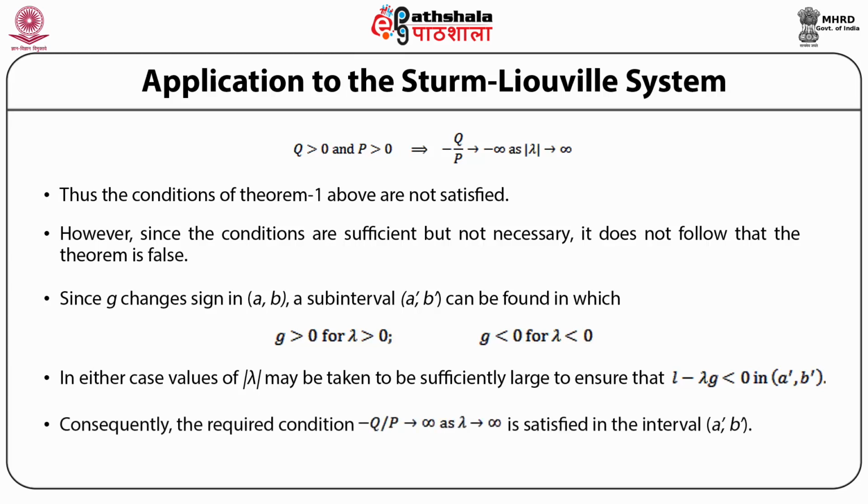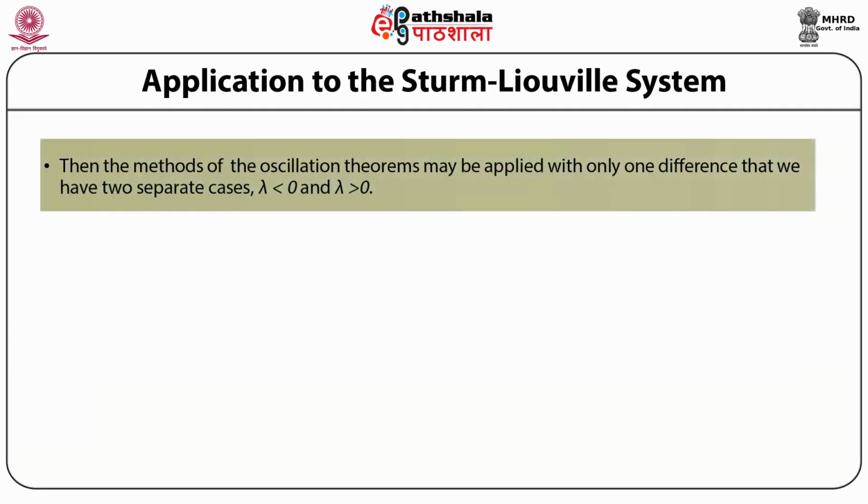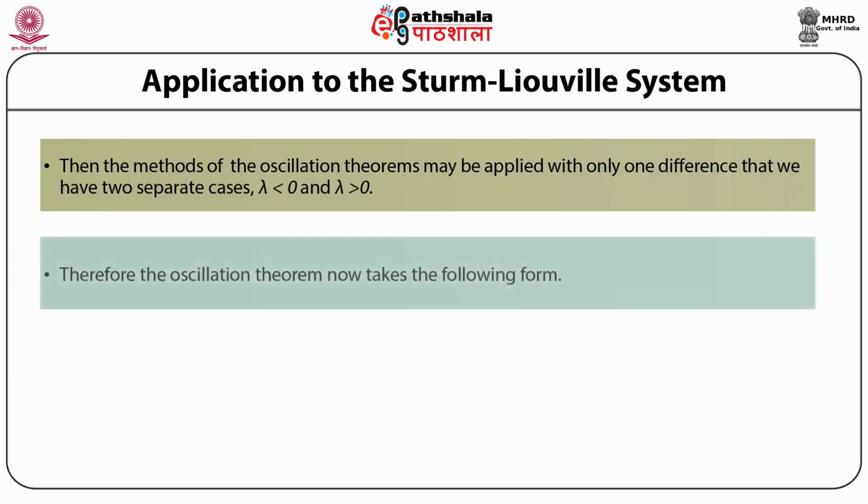Consequently, the required condition minus of capital Q by capital P tends to infinity as lambda tends to infinity is satisfied in the interval a prime b prime. Then the methods of the oscillation theorems may be applied with only one difference, that we have two separate cases, lambda less than 0 and lambda greater than 0. Therefore, the oscillation theorem now takes the following form.